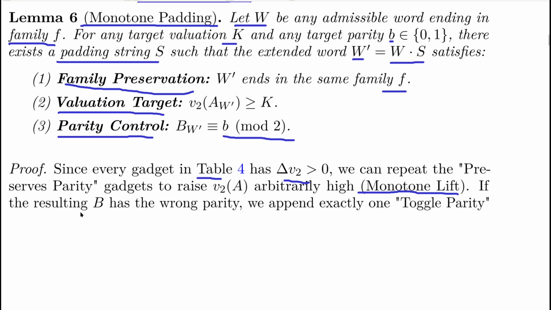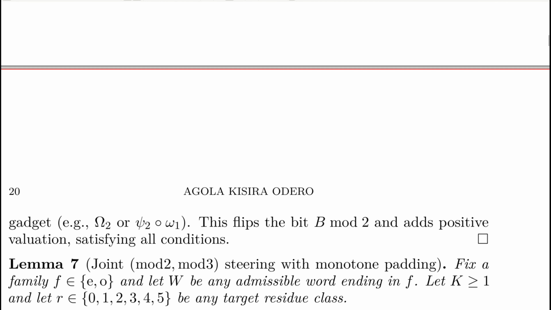If the resulting B has the wrong parity, we append exactly one toggle parity gadget, for example, capital omega 2 or small psi 2, followed by, or composed with, small omega 1. This flips the bit B mod 2 and adds positive valuation, satisfying all conditions.